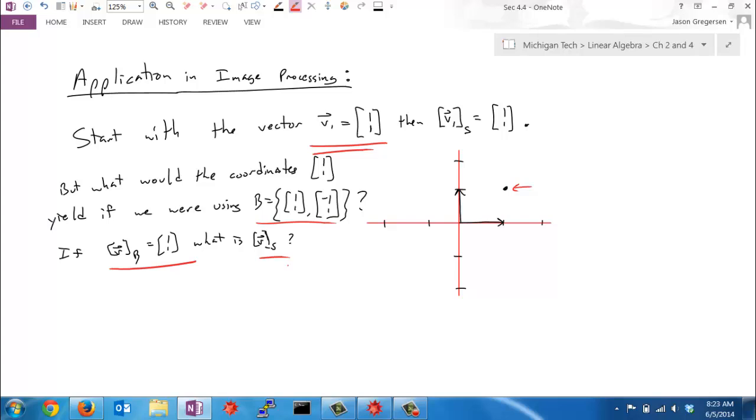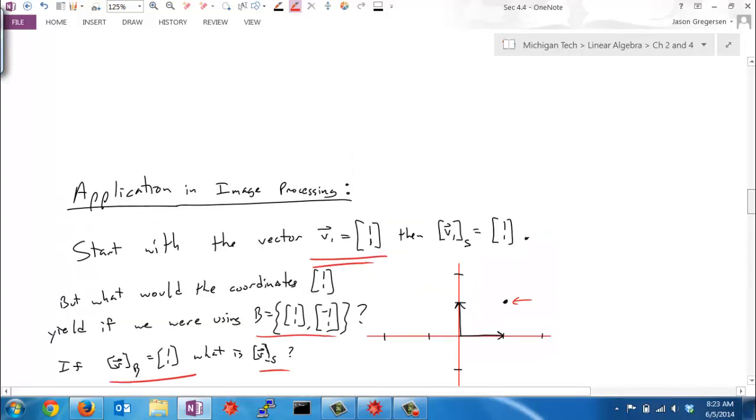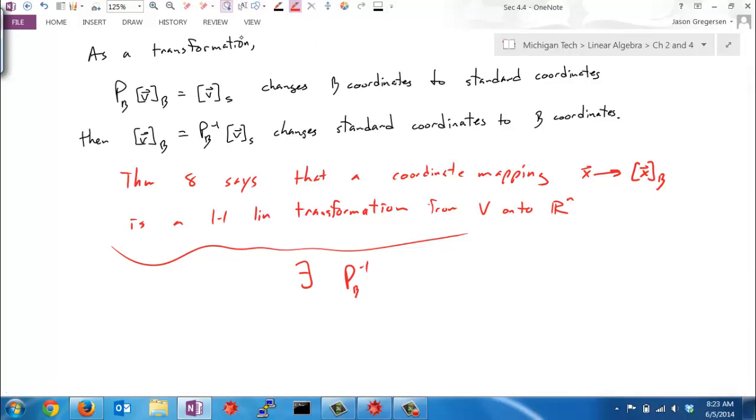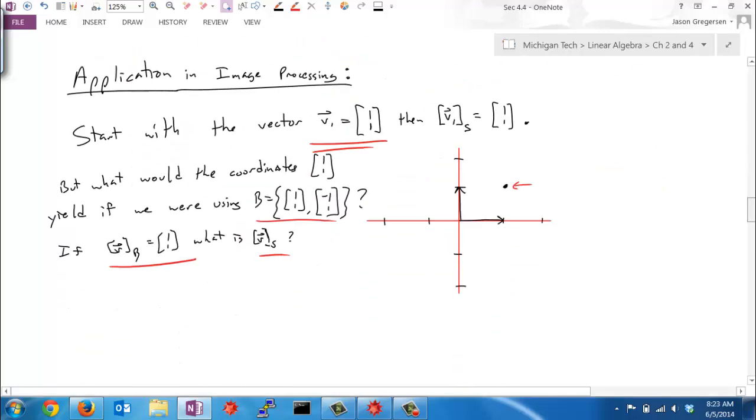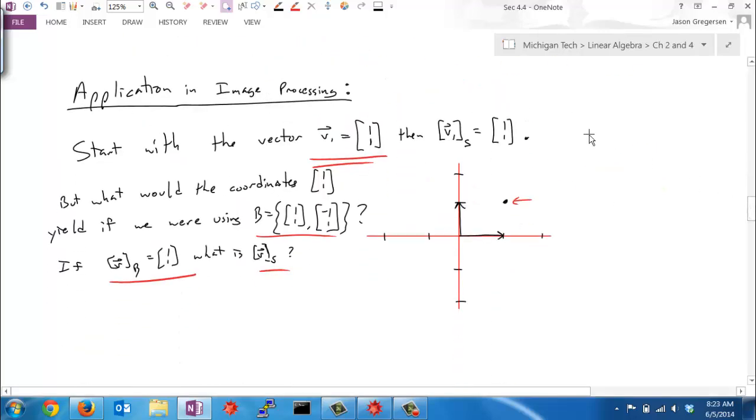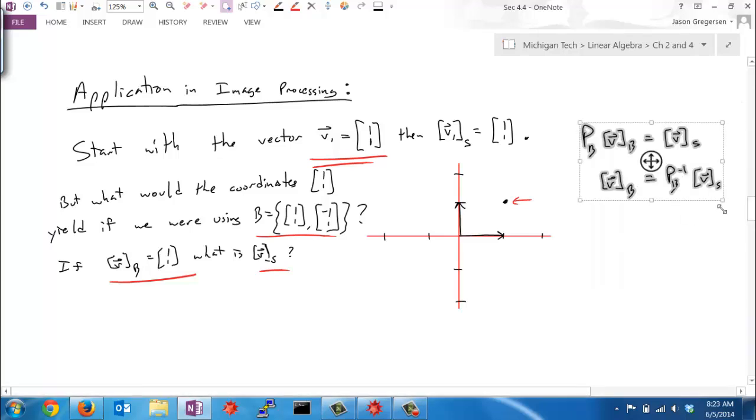Let's grab these two things to help us. This was a matrix. This matrix times the coordinates in this basis gave us the coordinates in the standard basis.